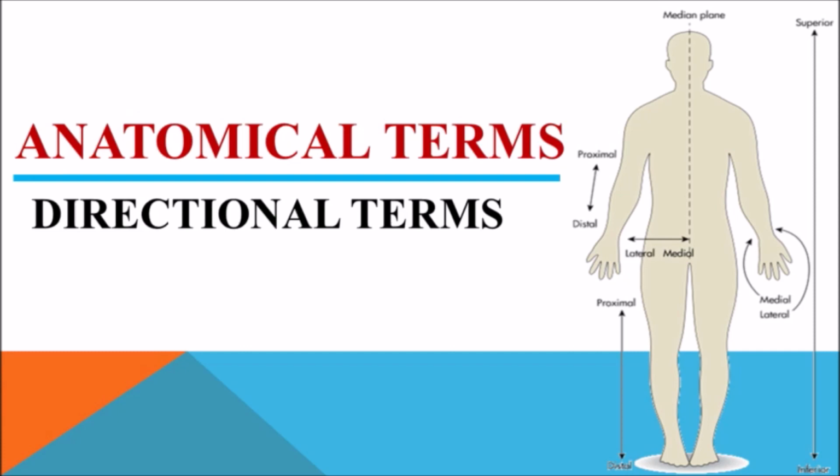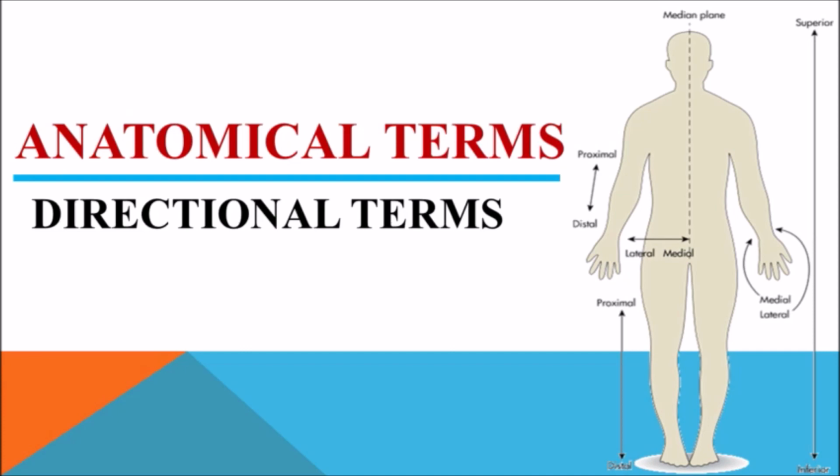These are the basics of anatomy. If our basics are clear and strong, automatically the anatomy subject will be easy for us. So anatomical terms are mainly helpful while we are studying the structure of an organ, either the internal structure or the external structure.